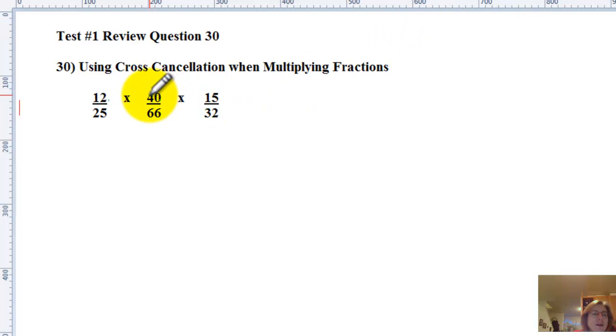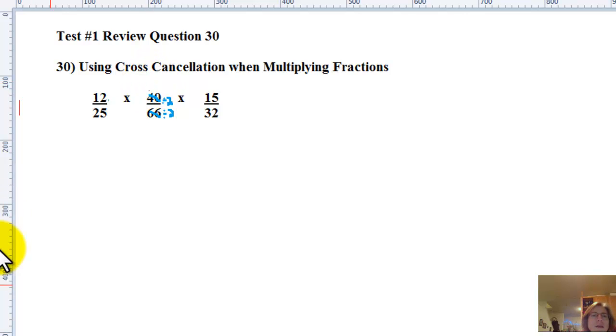If I were to divide 40 by 2, and you divide this by 2, because you always have to divide the numerator by the same number as you do the denominator. Then we have new numbers. How about we'll stick with black.